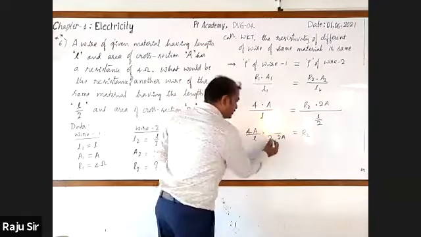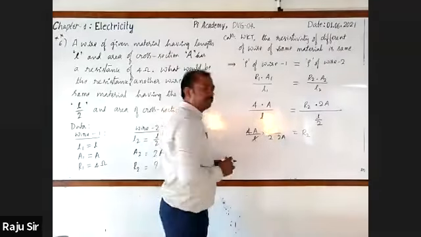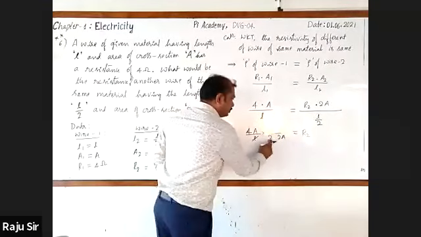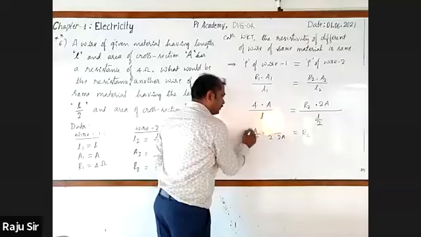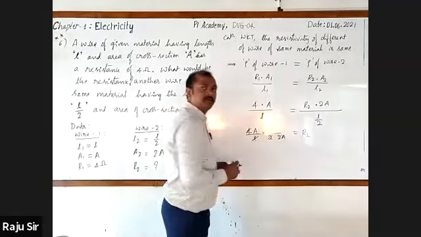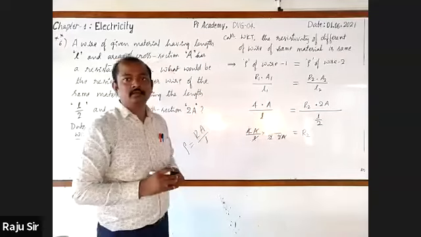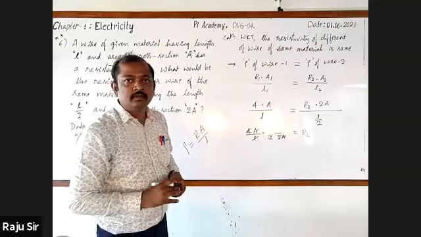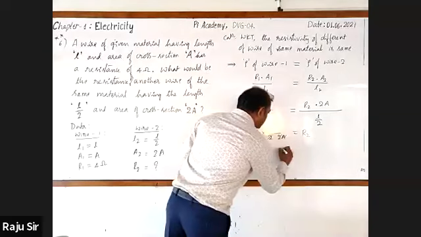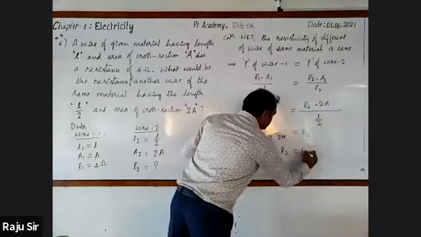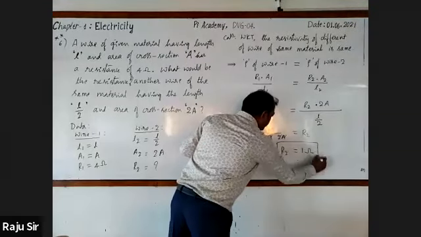Next, observe L gets cancelled. 2 2s are 4, here 4 1s are 4, gets cancelled. A and A also get cancelled. Then R2 is equal to 1 ohm.